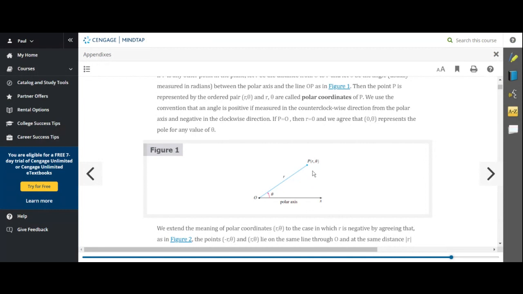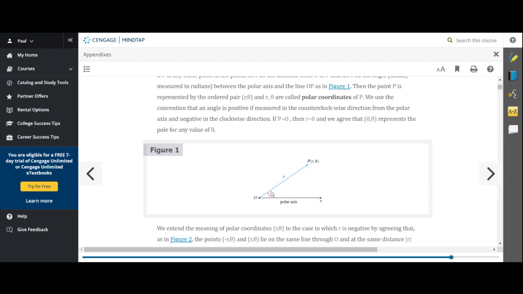So to get a polar coordinate, and the polar coordinate is r, theta, what you do is you measure from the positive x-axis your angle, an angle theta. And this is standard in trigonometry. You measure your angle theta from the positive x-axis, and then at that angle theta, you move out a radius r from the origin.